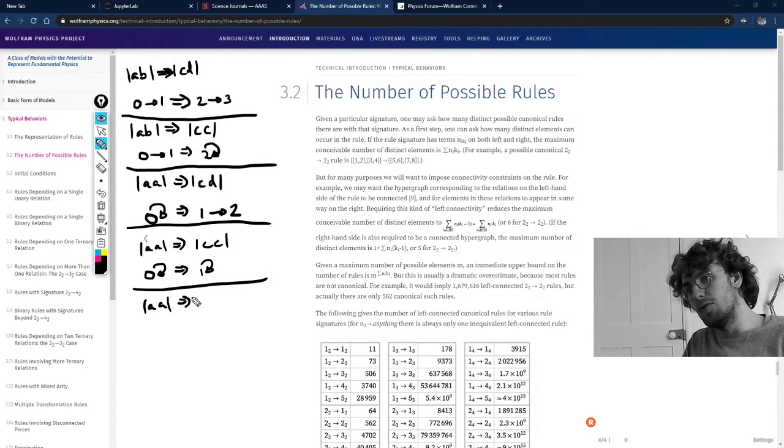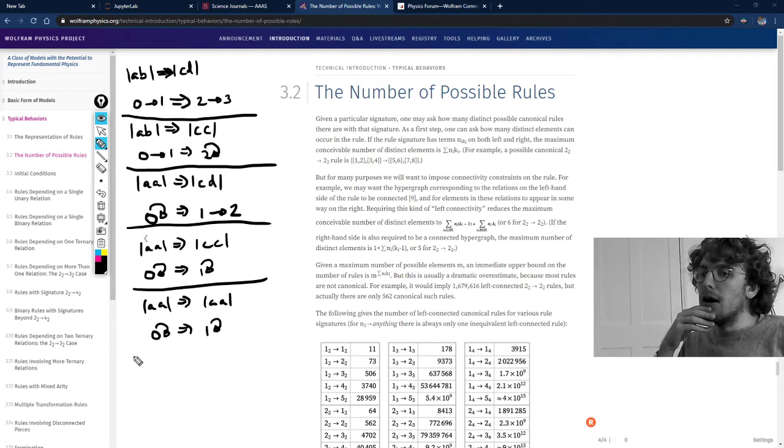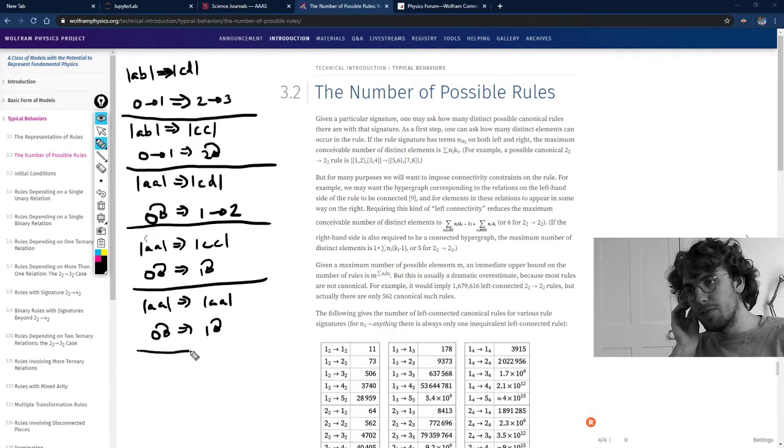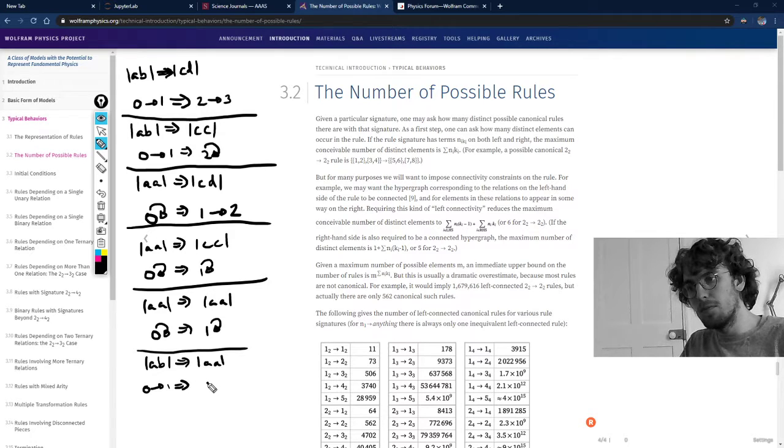AA goes to AA, which is actually an identity, but it's still a valid rule. Which is going to be the case whenever there's the same number on these sides, that we can have this. AB goes to AA is 0 to 1, goes to 0 to itself.